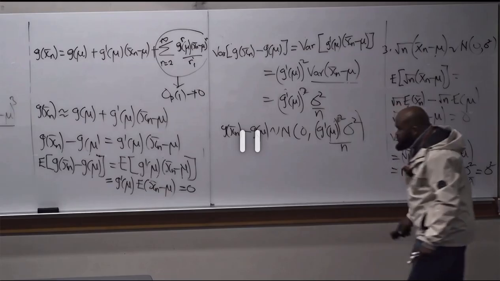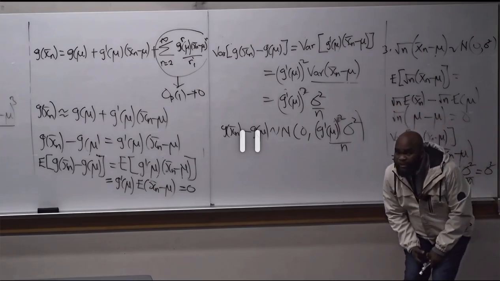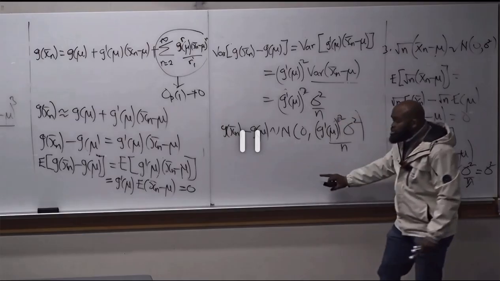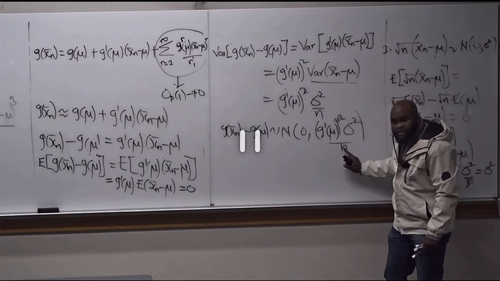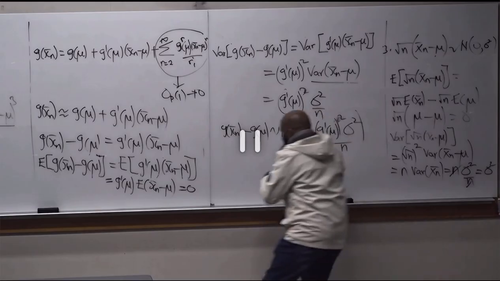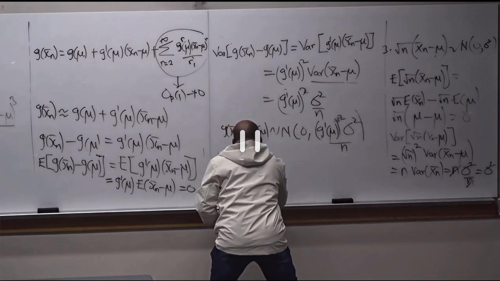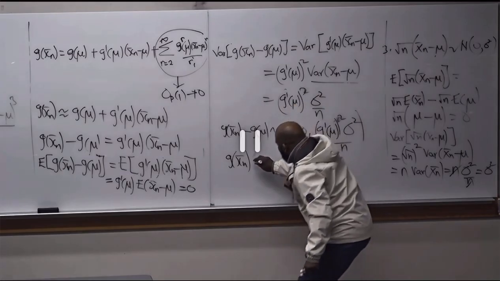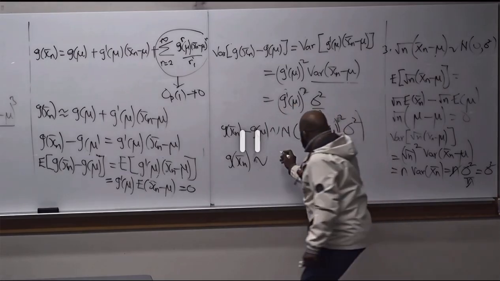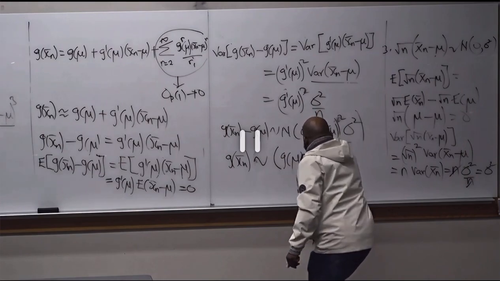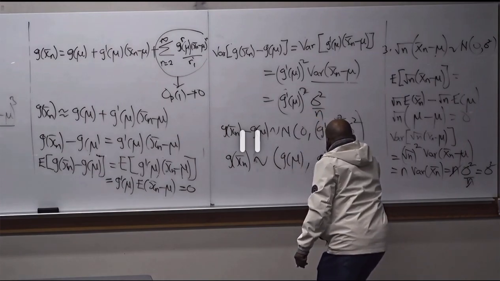Now, I want you to see something now. If the difference follow normal distribution with the mean of that and the variance of that, let's talk about this guy. This guy will follow normal distribution with the mean of this. This will be the mean and with the variance of this.